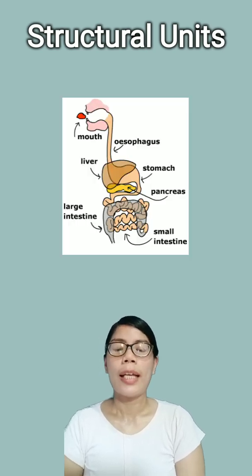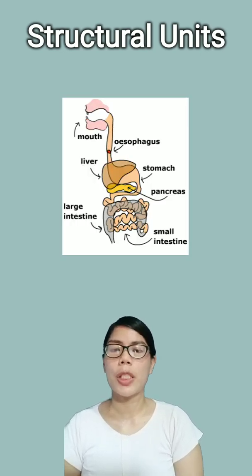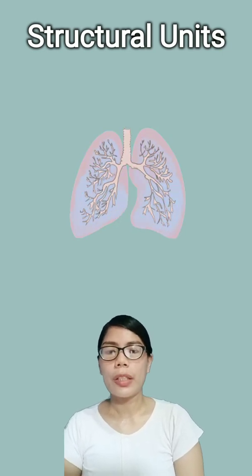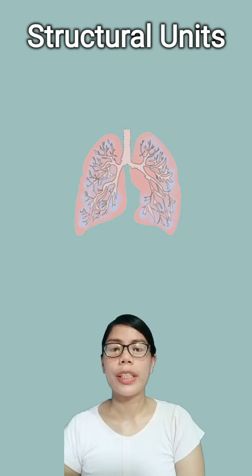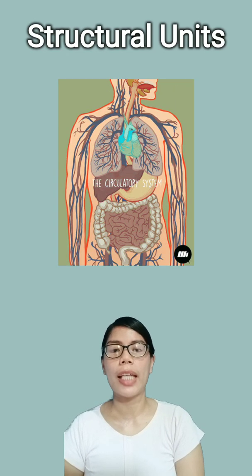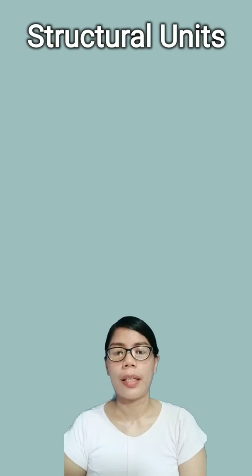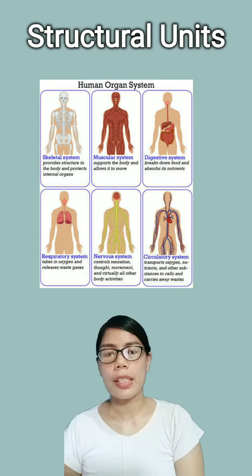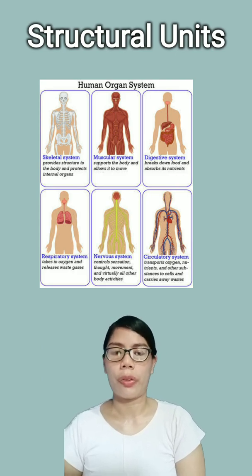For example, the digestive system is responsible for taking in and processing food, while the respiratory system works with the circulatory system that is responsible for taking up oxygen and getting rid of carbon dioxide. And because of their specialization, these different systems are dependent on each other.